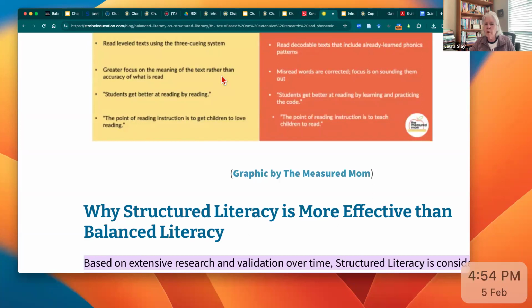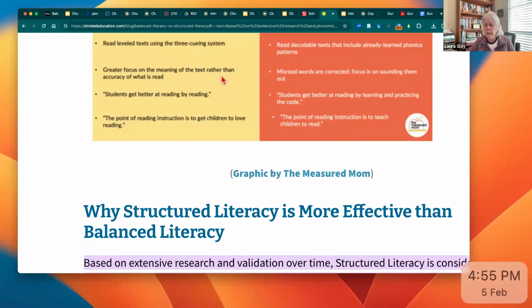And so the balanced literacy people would allow a student to approach a word using pictures to help them read it. Well, that works sometimes and it doesn't work sometimes. So balanced literacy people, I would encourage them to really focus on the words that are on the page.